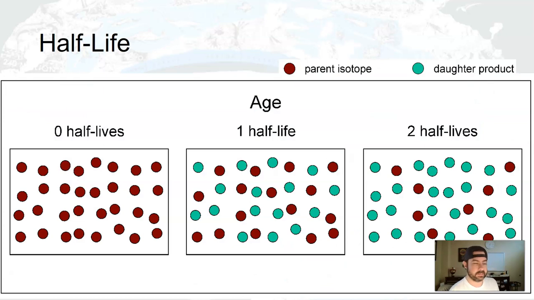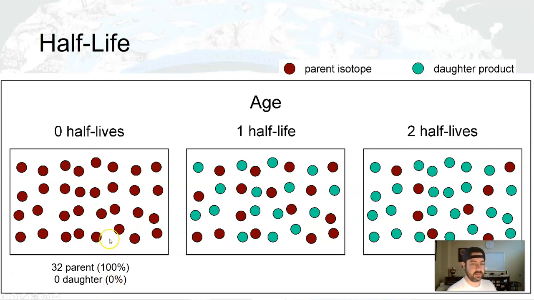So again, half-life is the time it takes for half of the original parent isotopes to decay to the now stable daughter product. If it's all parent isotopes, for instance, 32 parent isotopes and 0 daughters, that's 100% parents, 0% daughters.